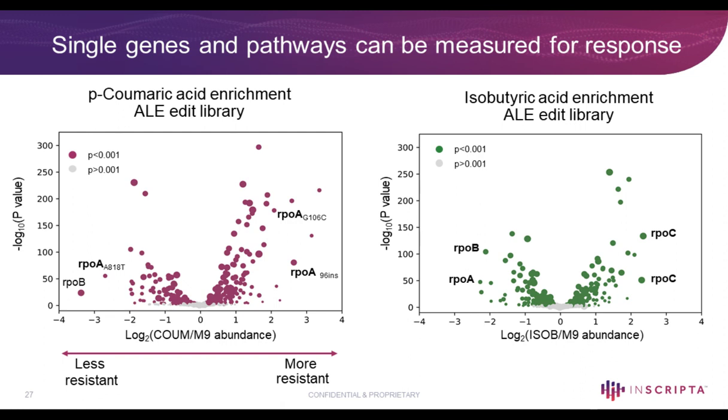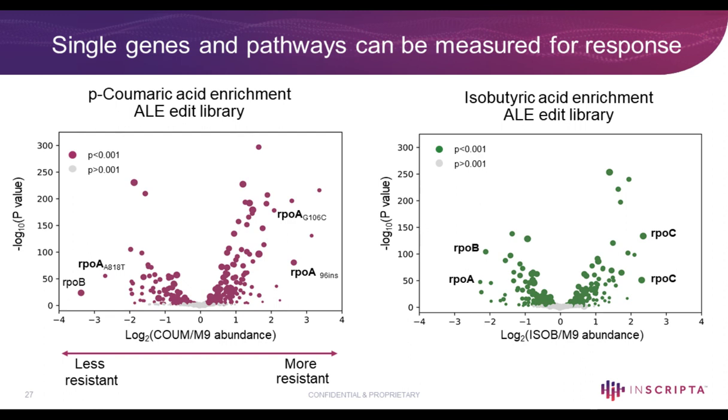In this case, rpoA has some mutations that are enriched and others that are depleted in the coumaric acid. On the right, I might point out the isobutyric acid, which has rpoC, also part of that same complex, the RNA polymerase machinery. rpoC is showing up as highly enriched in isobutyric acid, but rpoA and some modifications of rpoB are depleted within the isobutyric acid response.